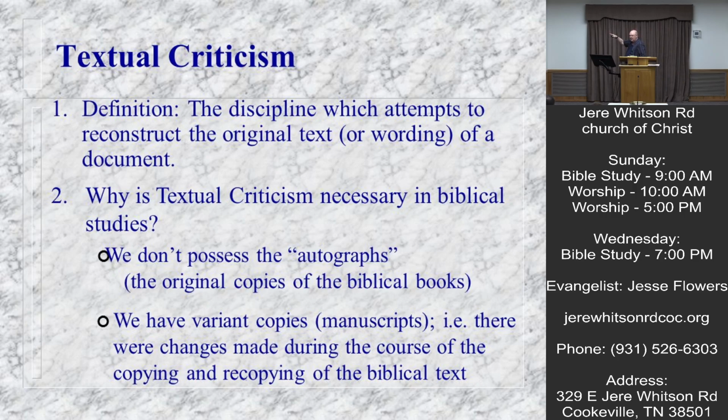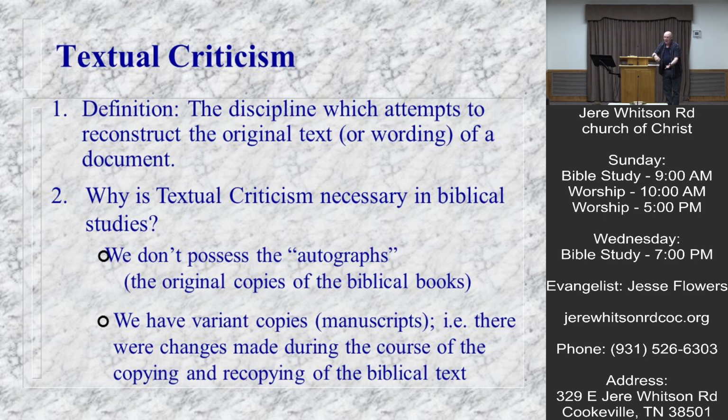Textual criticism is, by definition, just a discipline that attempts to reconstruct the original text or the wording of a document. So it's detectives who are trained in language, either Greek, Aramaic, Hebrew, the main three that the original inspired writers are writing in.